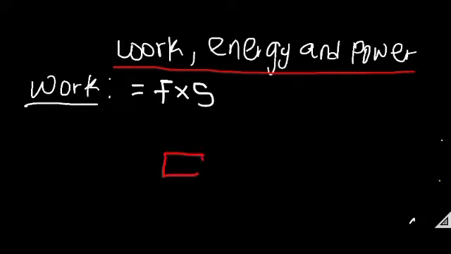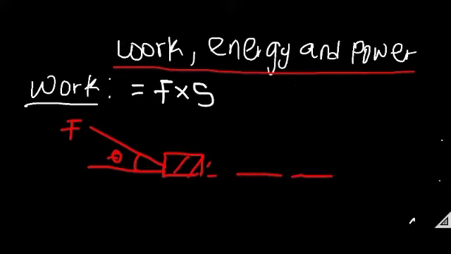Instead of the force being straight in this direction, the force is now at an angle theta to the body. The force is still pushing the body, but it is not in the horizontal direction, which is the direction that is supposed to be pushing this body. But at this point, the force is at an angle.